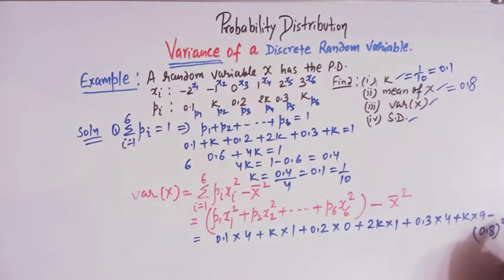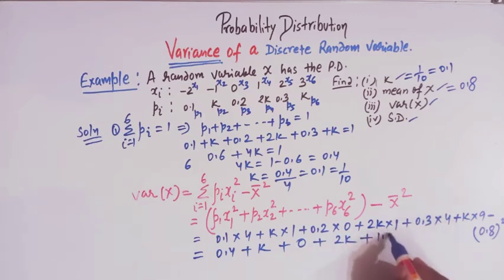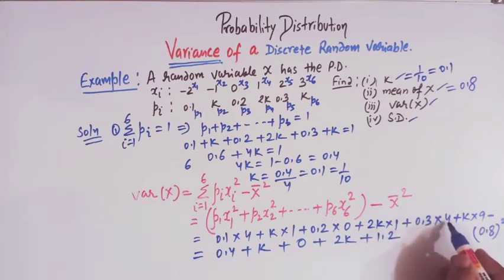0.8 square, right? Now this is 0.4, this is k, ones are k, this term becomes 0, this is 2k, and this is 1.2, because 0.3 multiplied by 4 is 1.2.